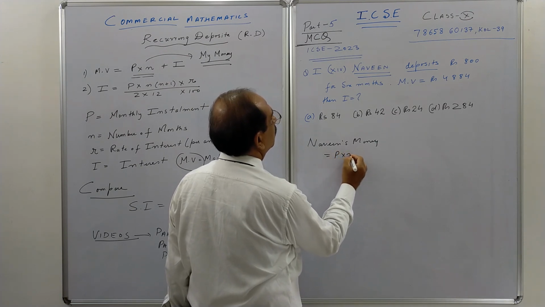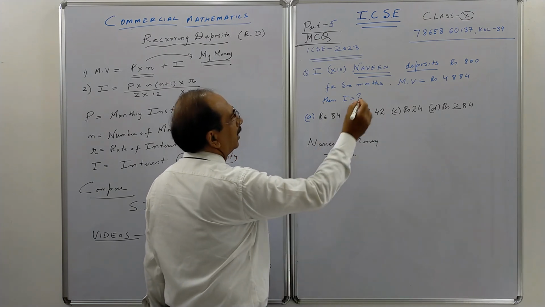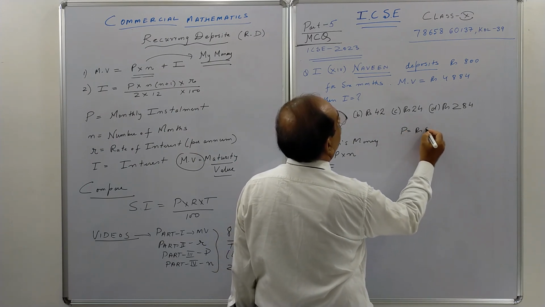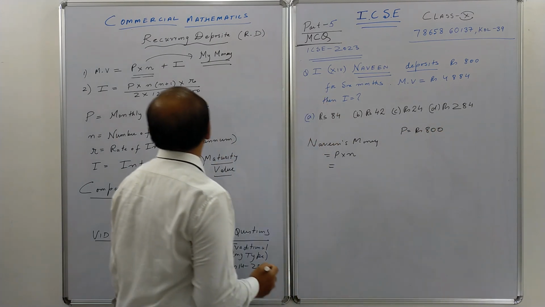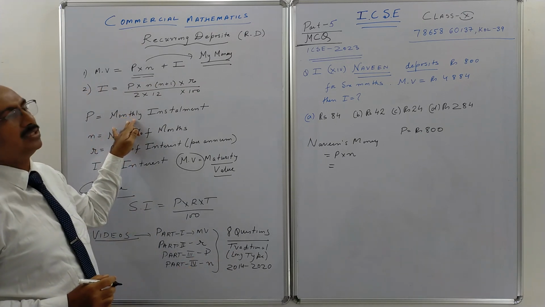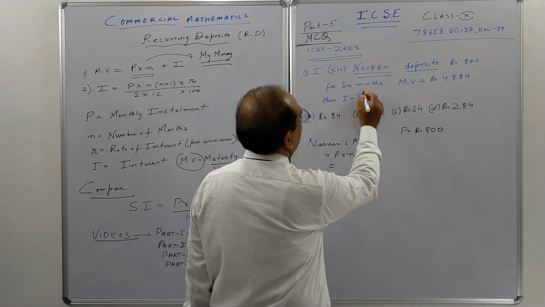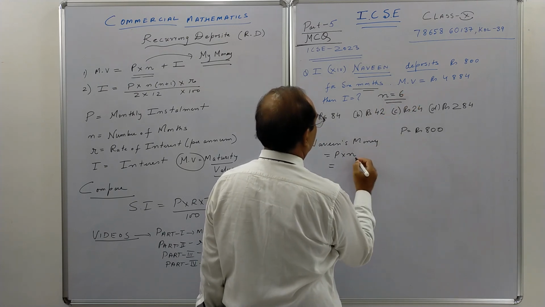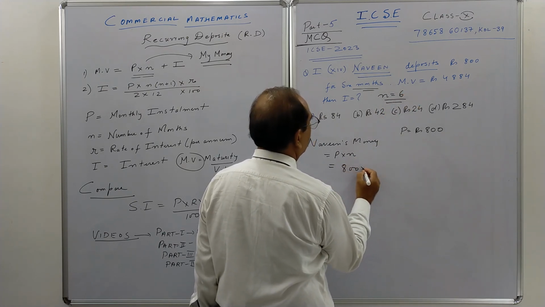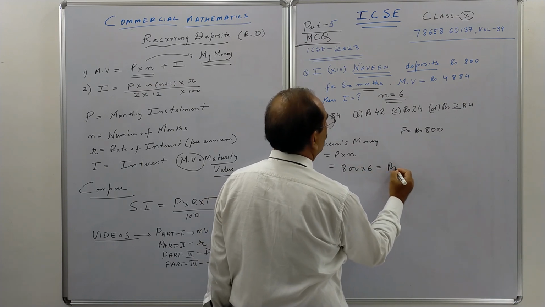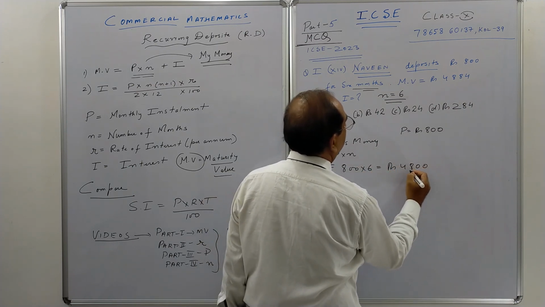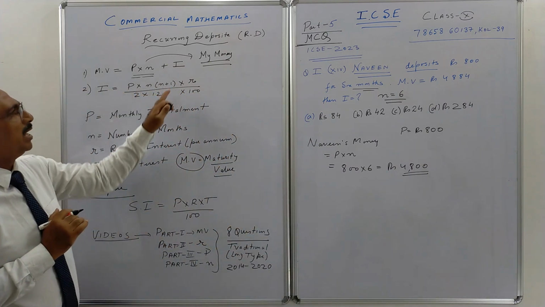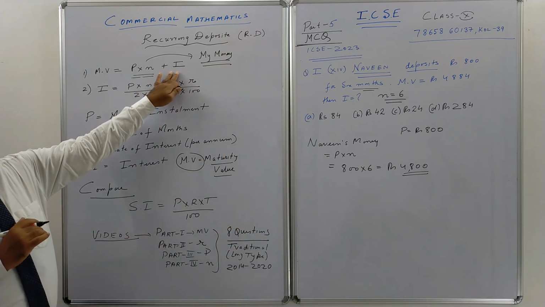It is P into N. P is rupees 800, what he puts every month as monthly installment, and time is 6 months, that means N is 6. So 800 into 6, children, rupees 4800 is his money, plus the bank gives certain interest.